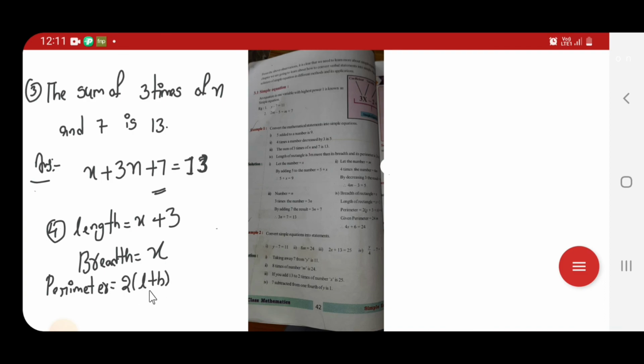Formula: 2 into (L plus B). 2 into (L plus B) means 2 into (x plus 3 plus x). Next, what will we get here? Given perimeter equals 24 meters. Here length and breadth will be calculated in meters only. That's why we get 24 meters.